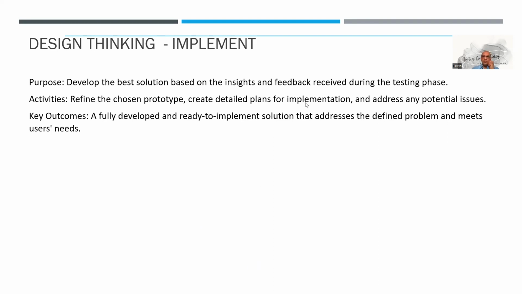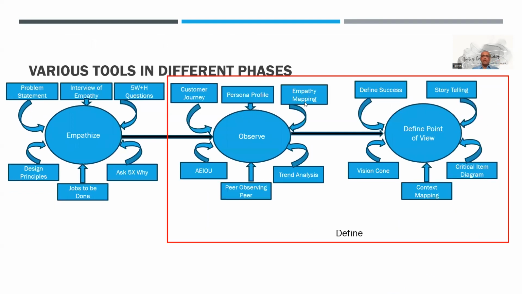Now, if we talk about the techniques used in all the phases, these are the techniques. In empathize, we use the problem statement, which defines what the problem actually is. Interview of empathy is a way the interview is supposed to be done, but in an empathetic way.